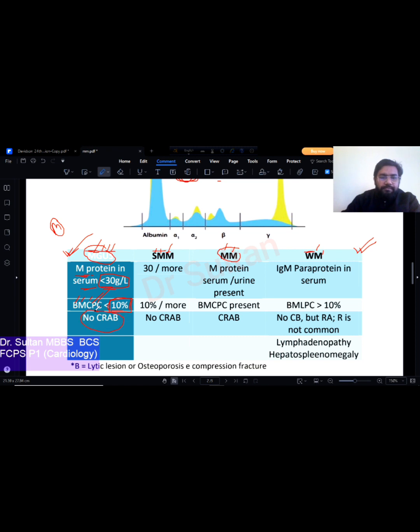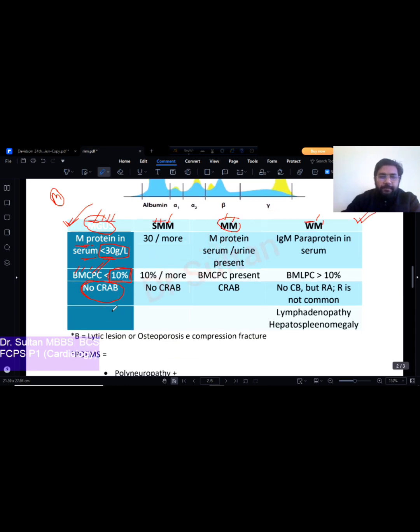So what is CRAB? CRAB means some features: C means calcium, R means renal impairment, A means anemia, and B means the bone lesion, like the skeletal lytic lesion or osteoporosis with compression fracture that can be seen on MRI or other imaging tests.